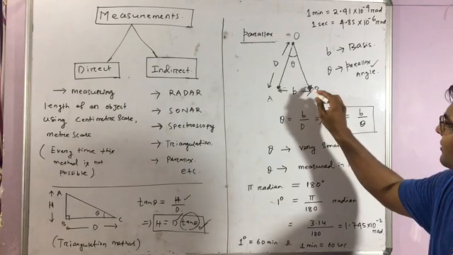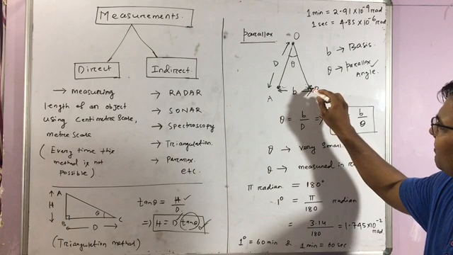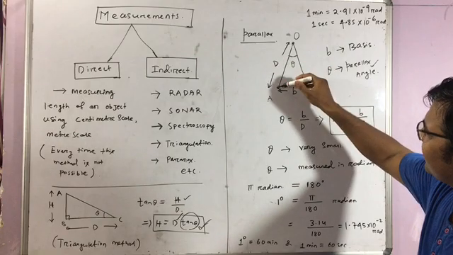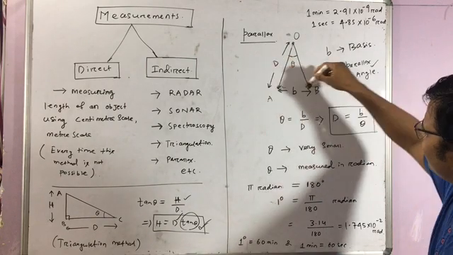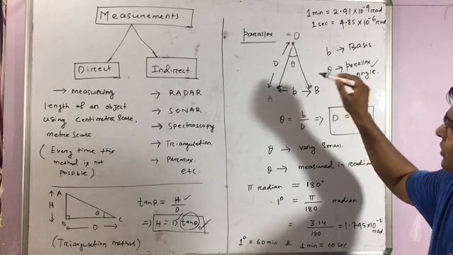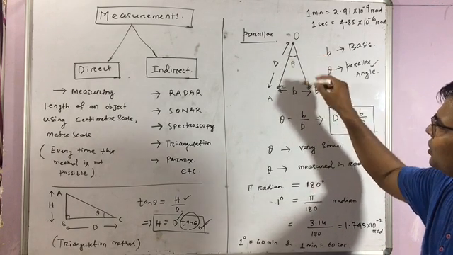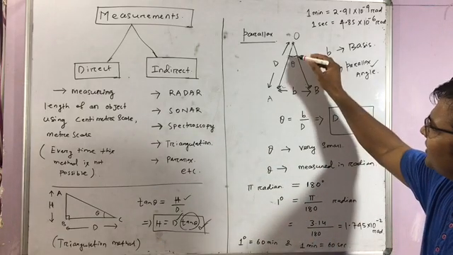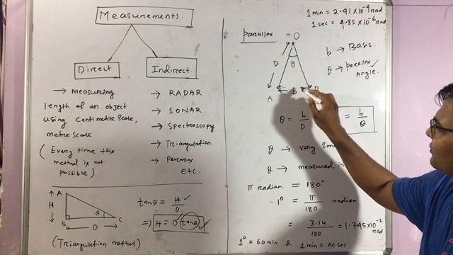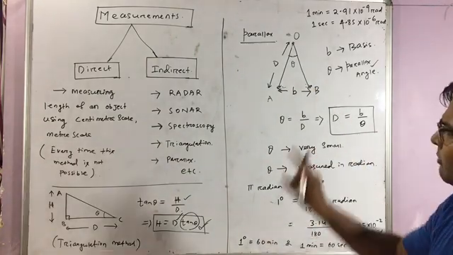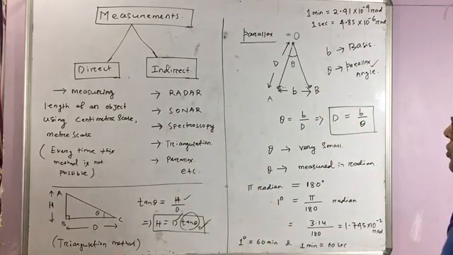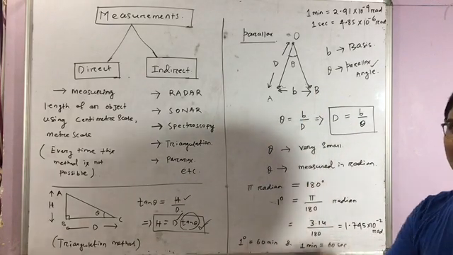Because if you join A and B, by taking OA to be the radius and O to be the center, you will find AB will be an arc. So in that case, we know theta is equal to arc by radius. If theta is small, then the length of the arc and the length of this chord will be equal. That's why if theta is small, this method will be accurate.